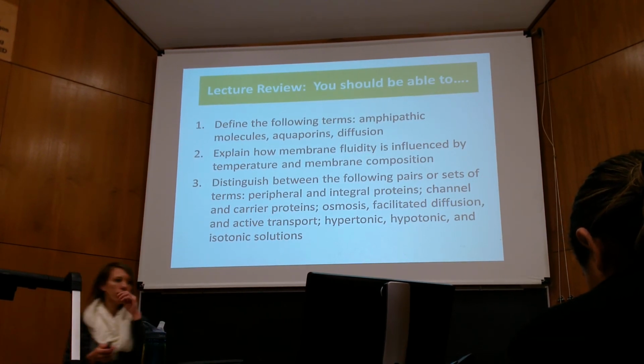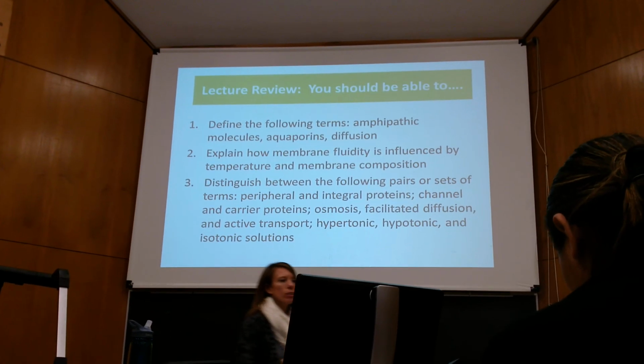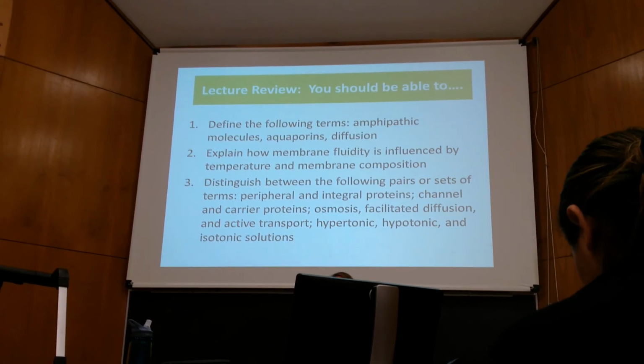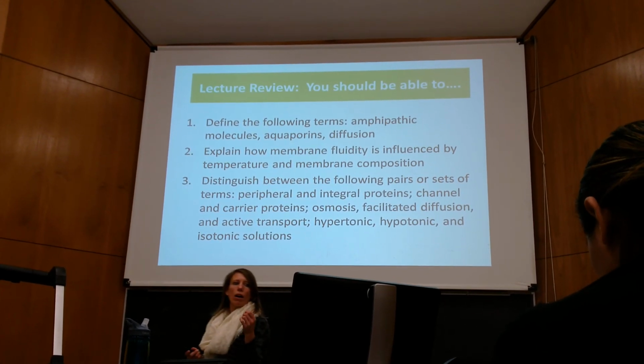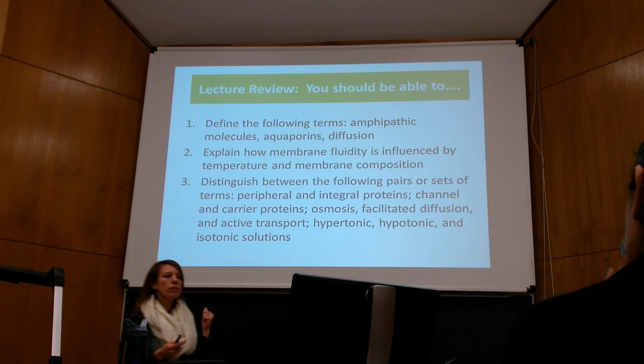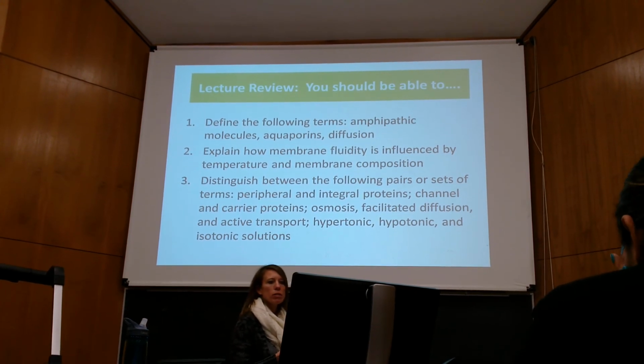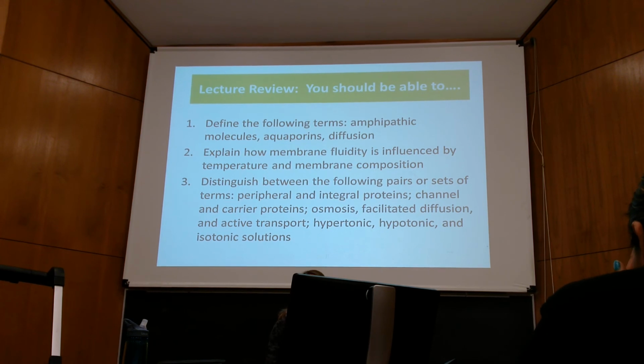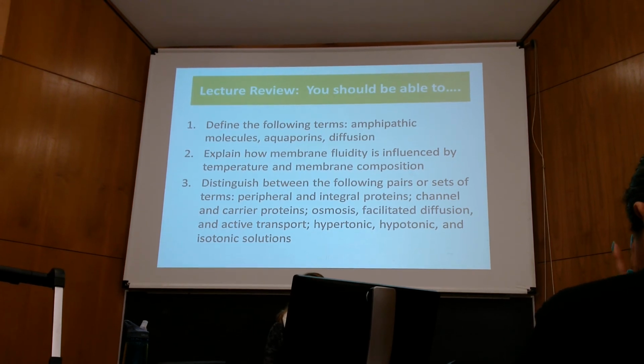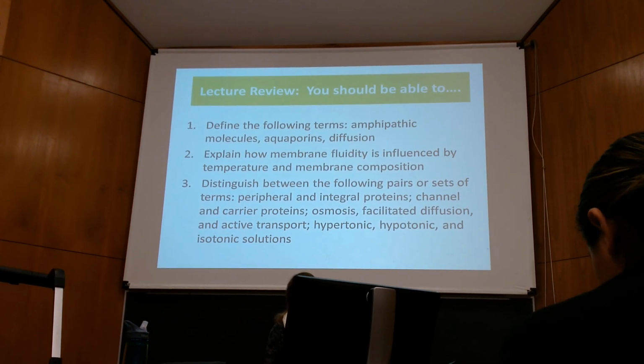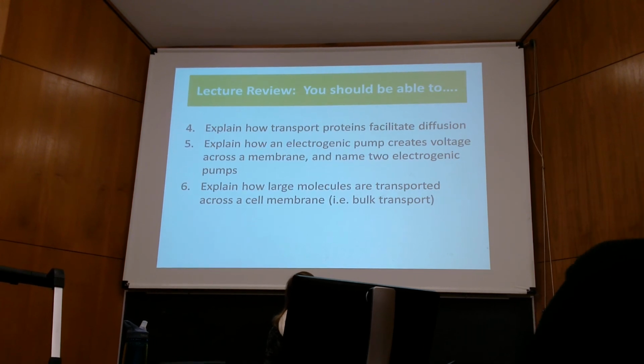Right, water channel proteins, good. And then make sure you understand diffusion, osmosis, and tonicity, how membrane fluidity is influenced by temperature and membrane composition, and distinguish between what a peripheral and integral protein are. All these terminologies we went over.